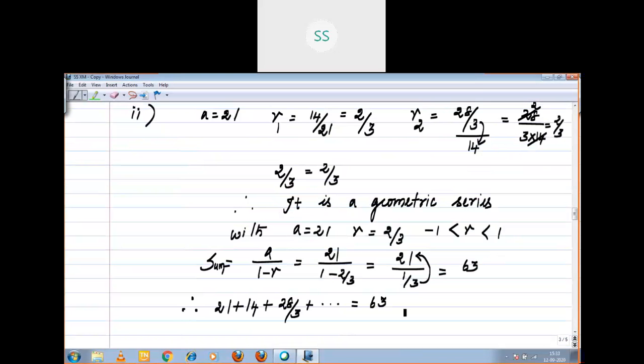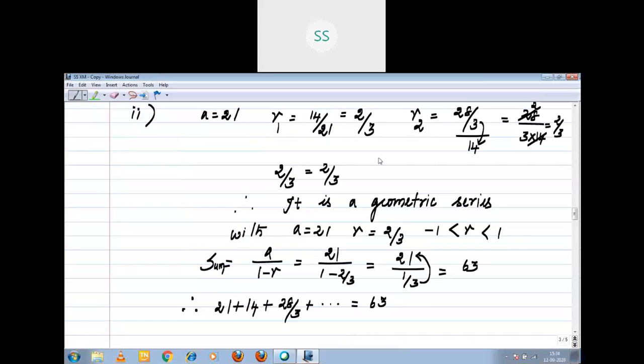Therefore, sum equal to 63. That is the series, you have to write it properly. Therefore, 21 plus 14 plus 28 by 3 plus etc. equal to 63.